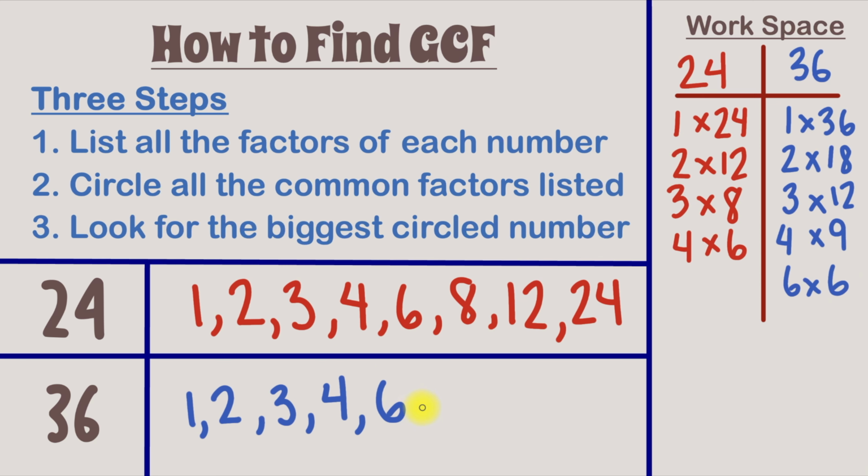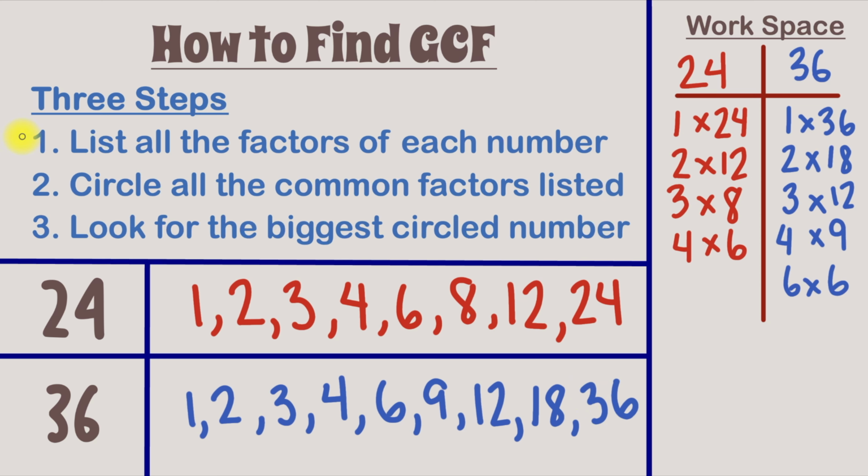Writing it one time is absolutely perfect. After 6 is 9, 12, 18, and finally 36.